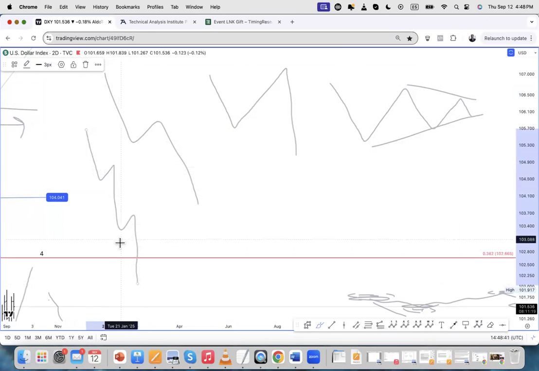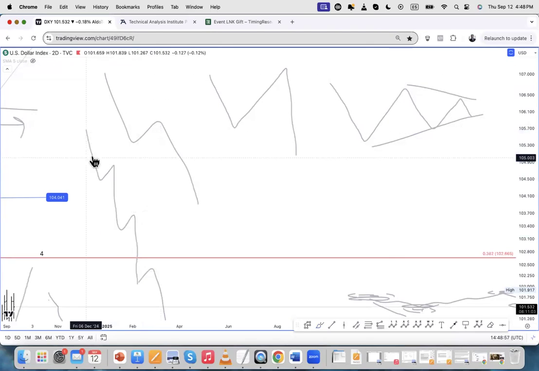go like A, B, C, and then A, B, C again. So you see a zigzag here and another one here. Yeah, so this type of corrective structures are more complicated to identify.